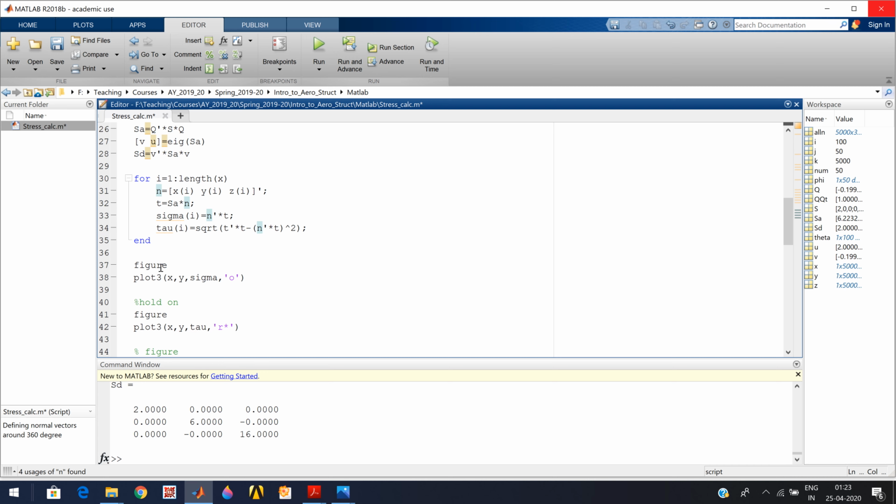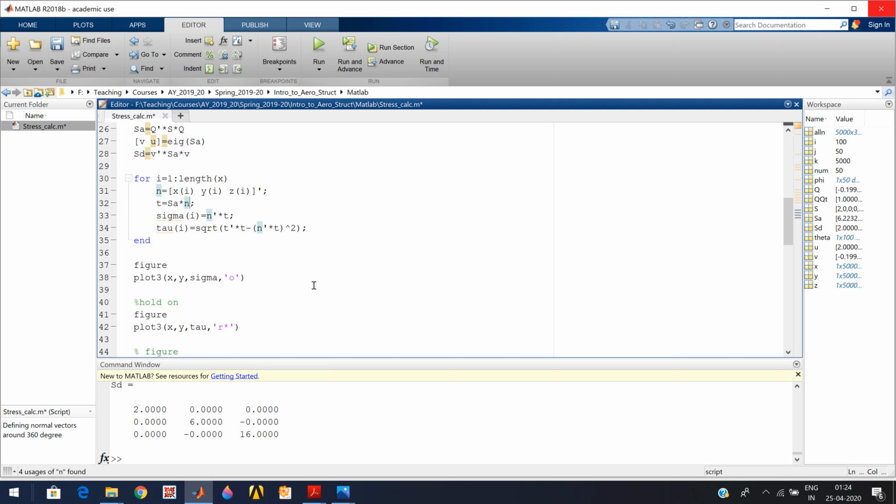Now I am plotting this sigma and tau, but you can see I have three coordinates x, y, and z, and another value sigma. So we cannot plot in a two-dimensional setup.